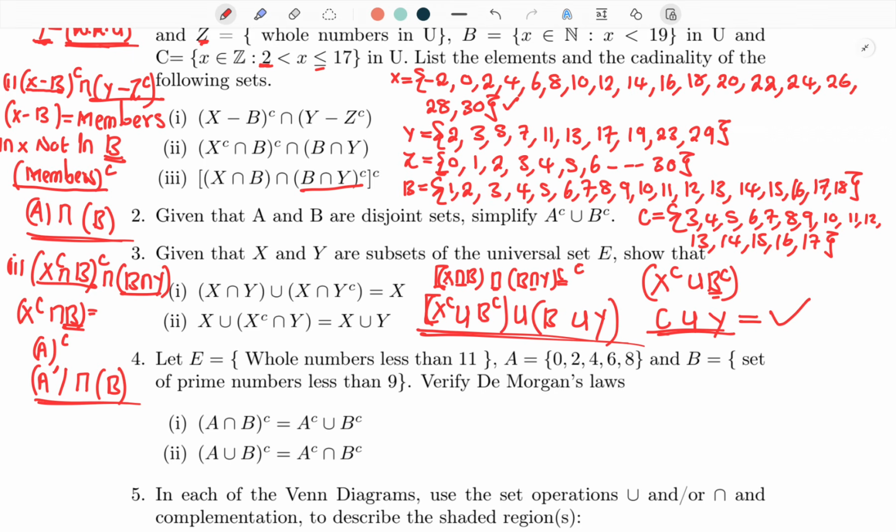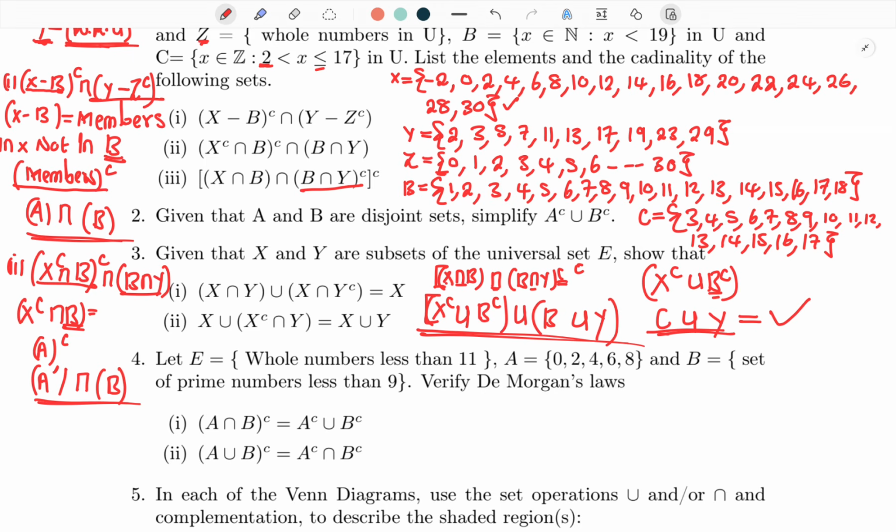So I'll need to clear the board so that I may have more space to answer the remaining questions. Okay? The remaining question is very important. Now, we have been given question 2.